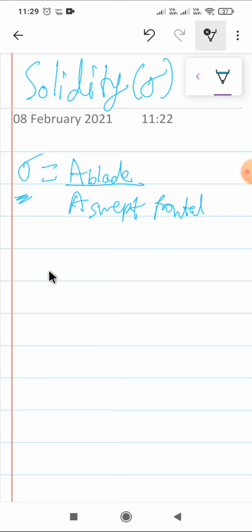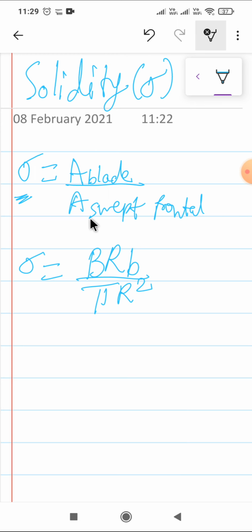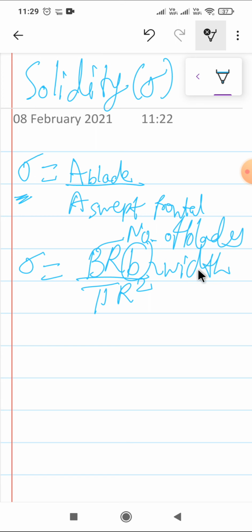So solidity sigma is equal to B c R upon pi R square. The swept frontal area is pi R square and the blade area is B c R. B is the number of blades, c is the blade width, and R is the blade radius.